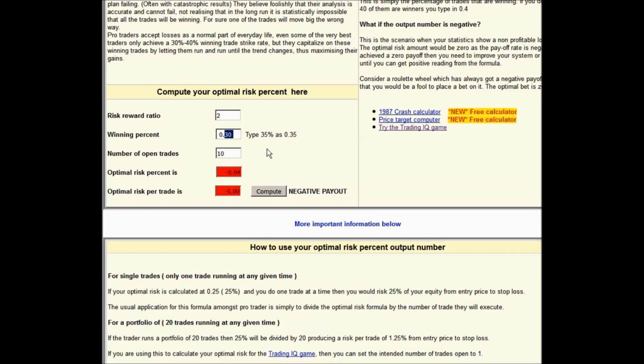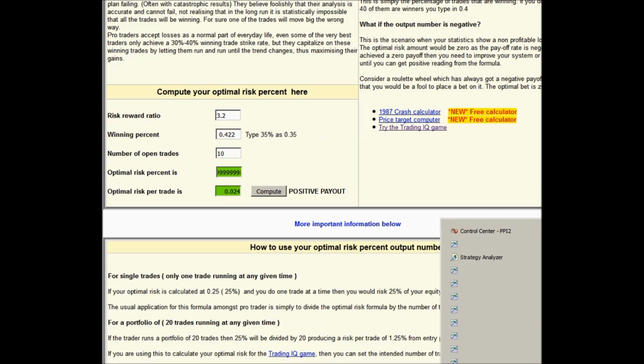So a good yardstick to check your strategy is to work out, for example, if you've got 3.2 and you've got 42% winners, you can compute, and the higher number you get here, the better the strategy is. So that was 24%.